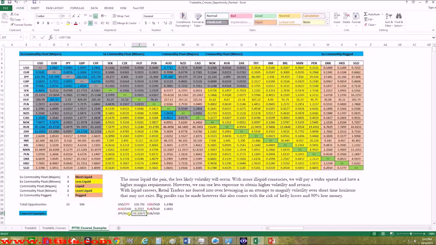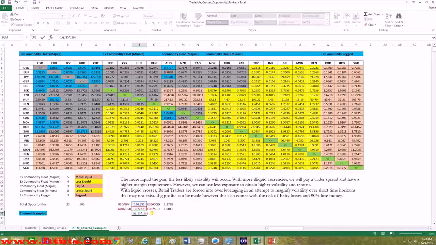is to take the result that we got earlier for Aussie dollar buying Japanese yen, and work out the reciprocal, so the reverse of this equation, the reciprocal of the result.